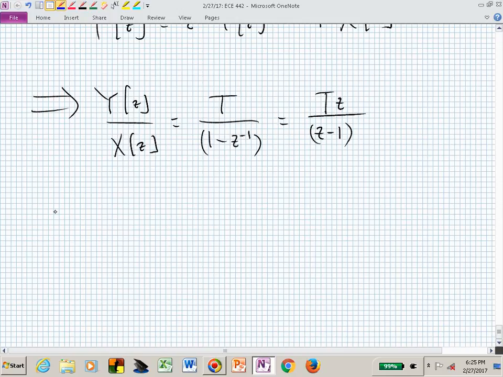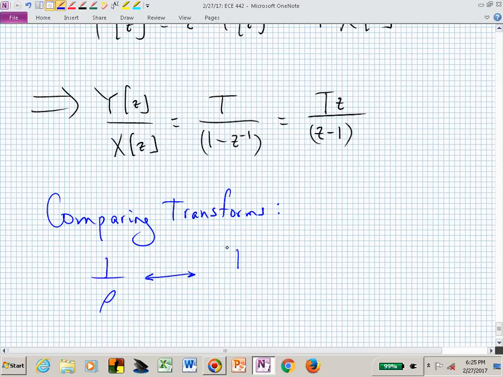Now I'm ready to compare the transforms. If I compare the transforms, the integral in the analog case is just 1 over s, and that now is compared to Tz over z minus 1. Or, if I flip both of those, I now have s being compared with z minus 1 over Tz.